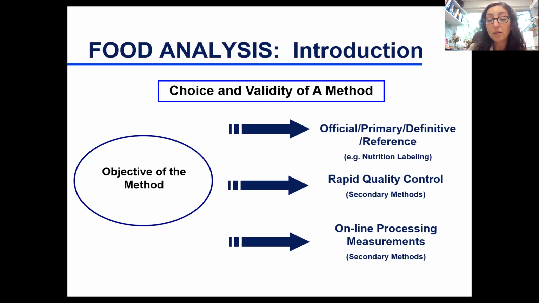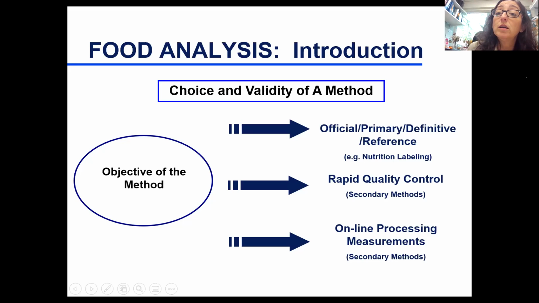Versus online looking at pH or looking at acidity and percent moisture, total solids, and similar situations. Of course, during the entire semester, you'll be given examples of these methods and which are primary and which are secondary methods. So this is just an introduction.